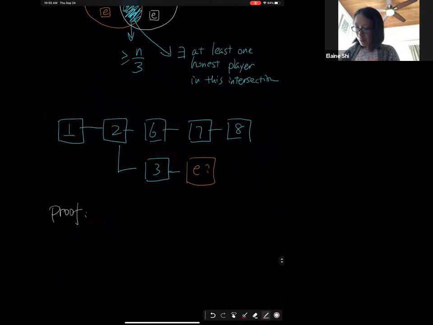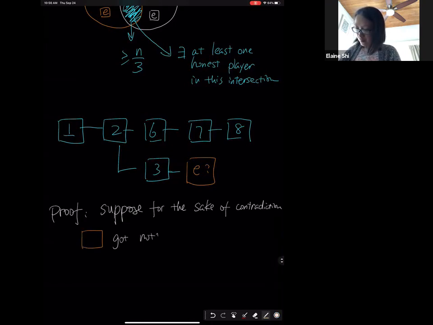So the proof is like, suppose for the sake of contradiction, the orange block got notarized. What can the epoch number be for the orange block? Can it be 6, 7, or 8?